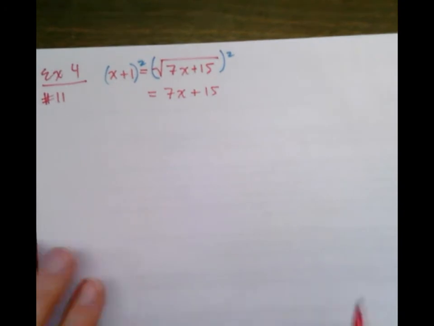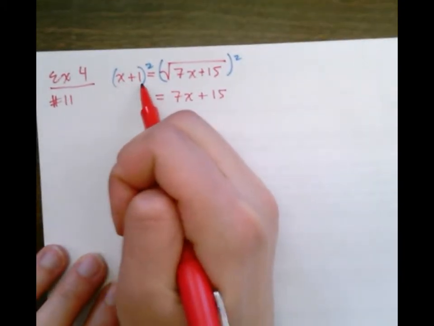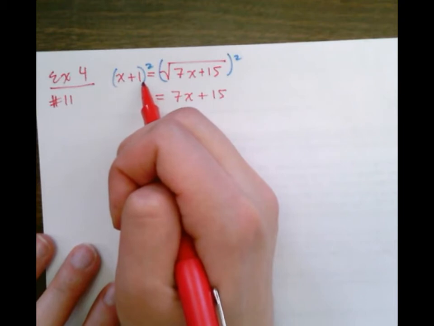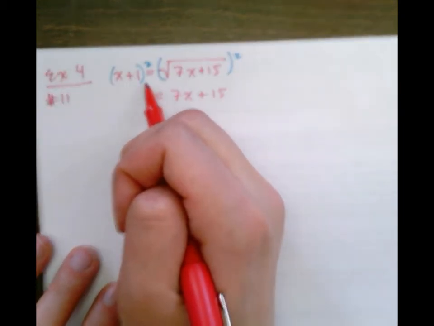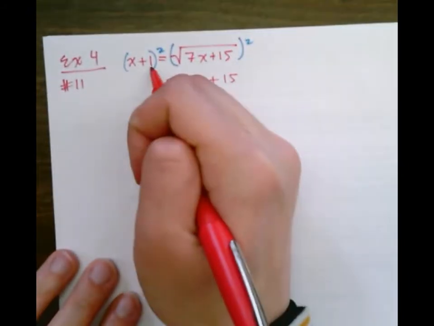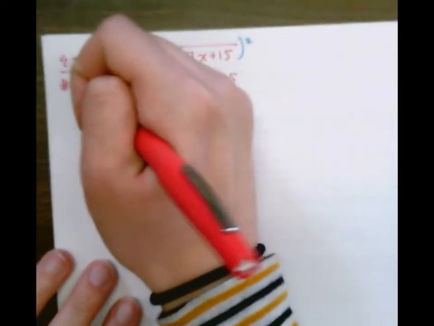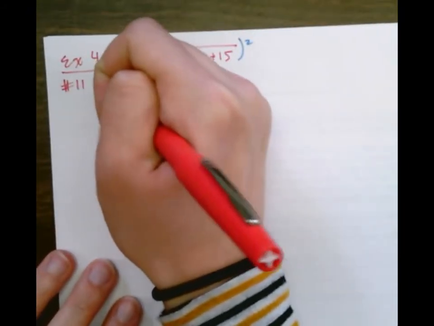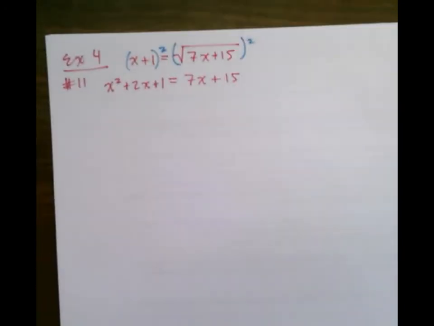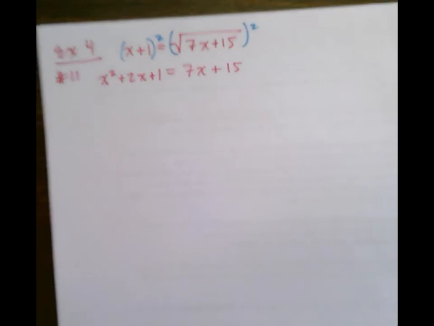On the left-hand side, though, I actually need to do (x + 1) quantity squared, which means multiply x + 1 times another x + 1, which means FOIL or box method or however you multiply binomials. So if I do x + 1 times x + 1, that becomes x² + 2x + 1. Okay, and now this is a quadratic equation that I can think about solving.